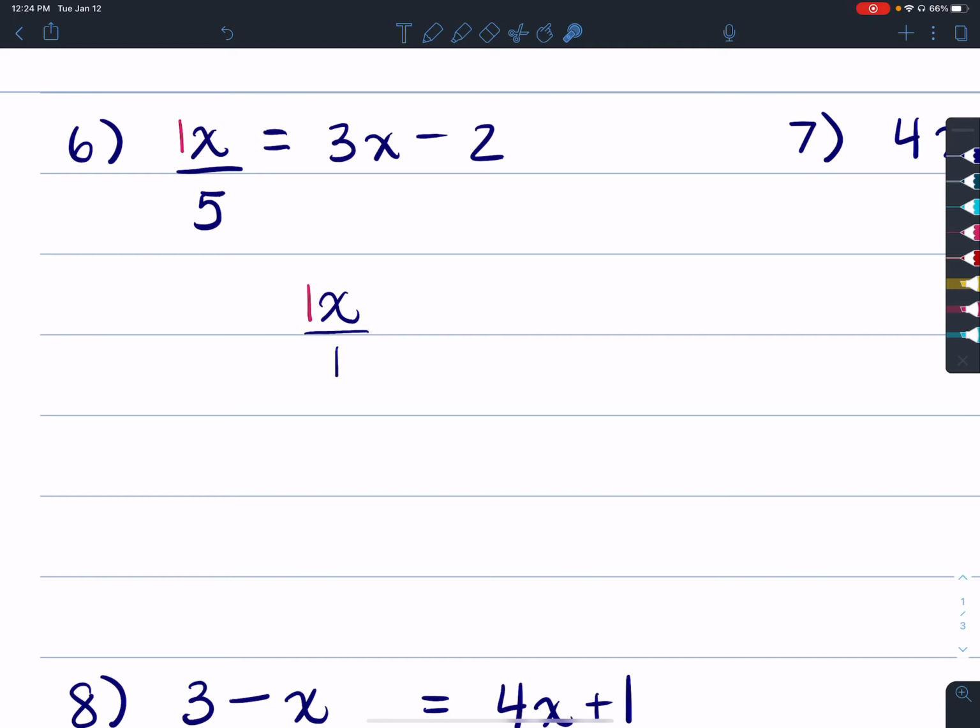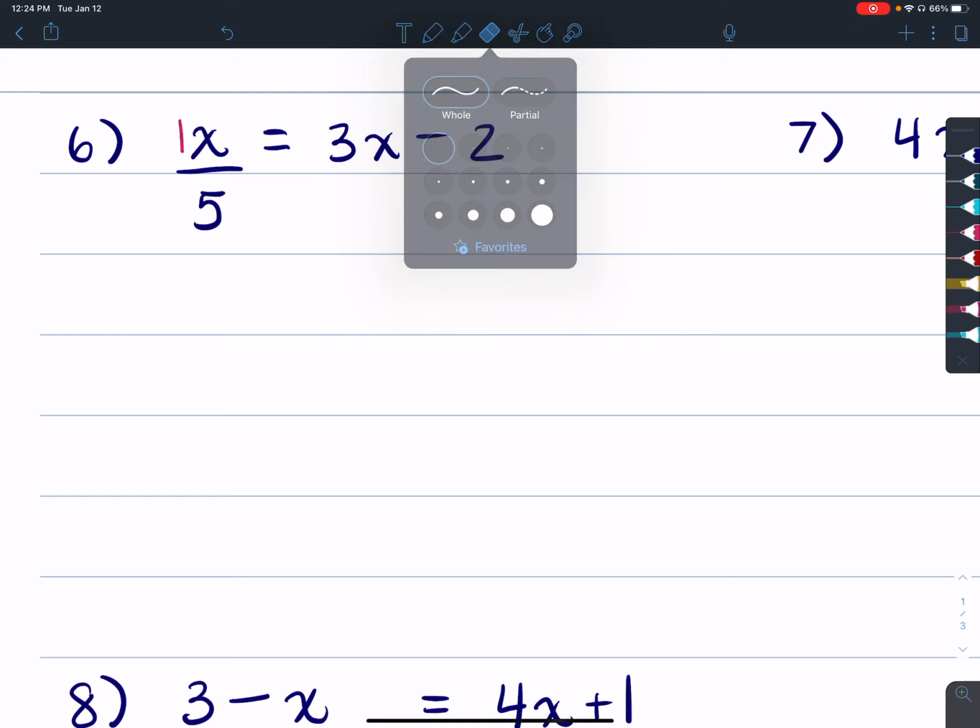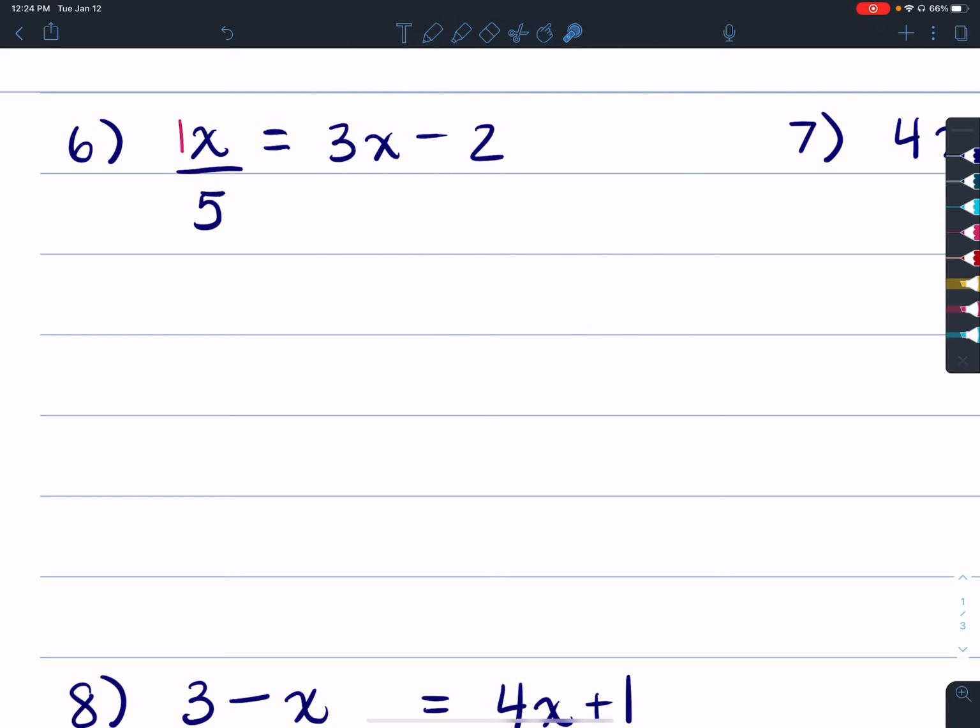This is saying I have one piece of a thing that was cut up into 5 pieces. So I have 1/5. The way I like to think about the denominator is the size of the slice: how small of a slice am I looking at? I don't really care what 1/5 of my x is. I want to know what 1x is equal to.